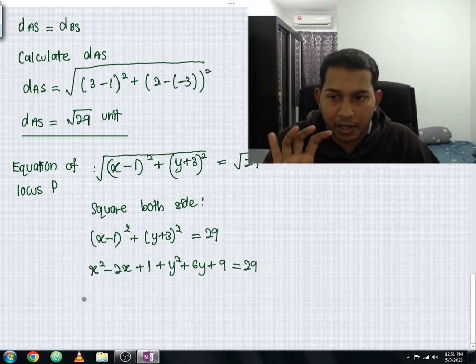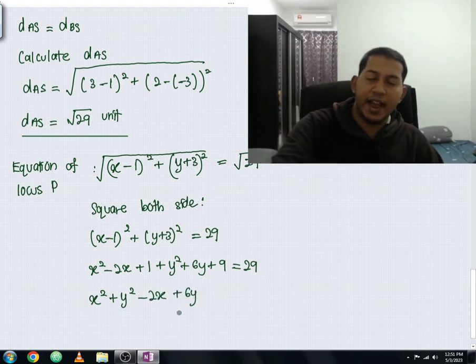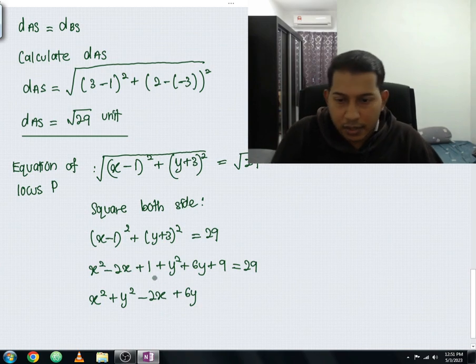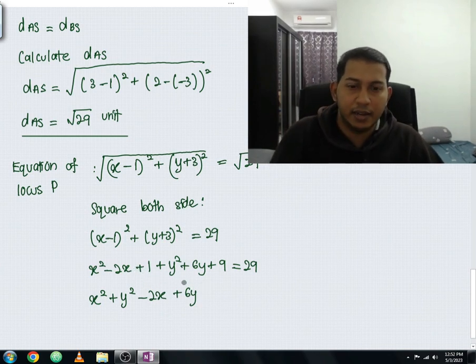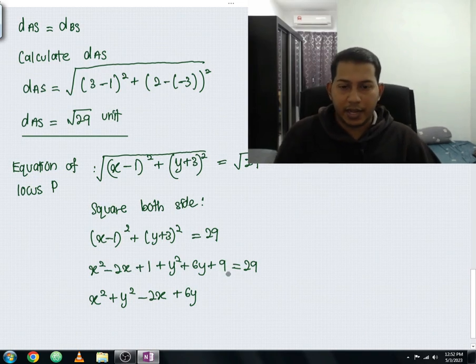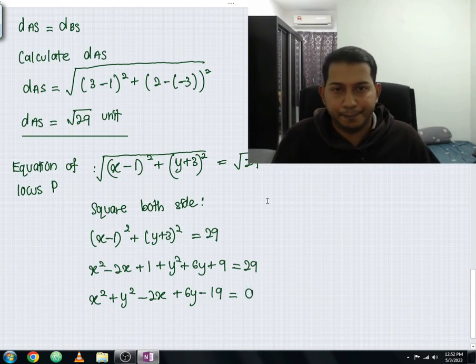For the arrangement of the locus, we're going to start with the power of 2. So x squared plus y squared minus 2x plus 6y. And then towards the end only, we're going to include the numbers. Let us calculate the numbers. 1 plus 9 you get 10, and then 10 minus 29 you should get negative 19. So this is your final answer, the equation of locus P.